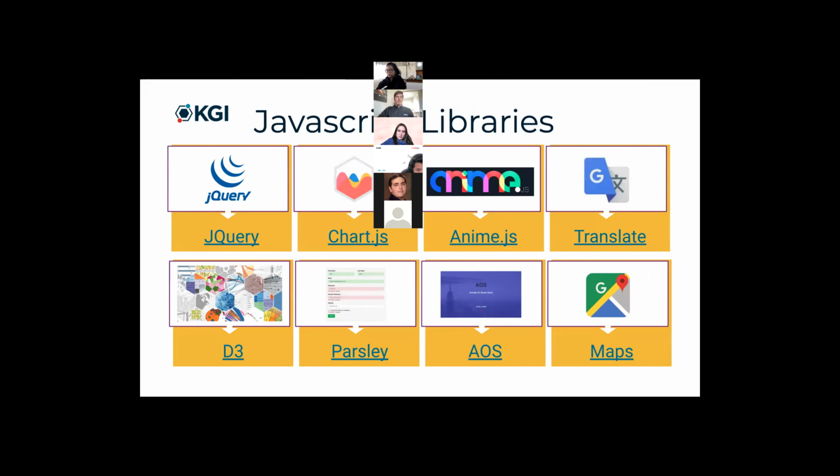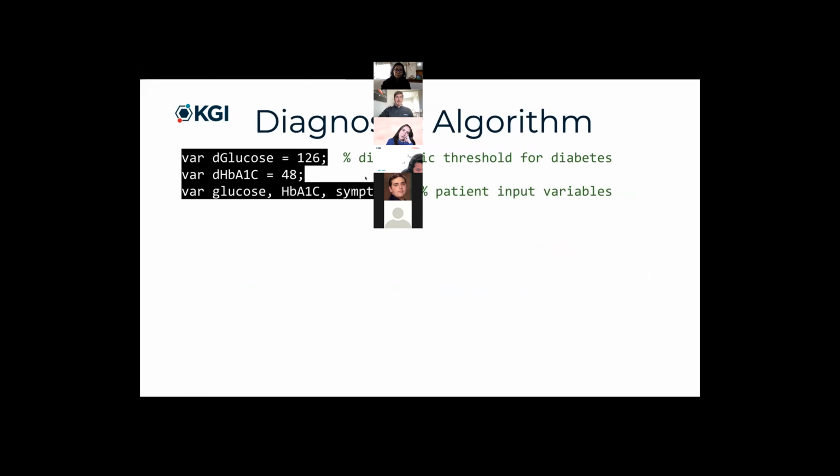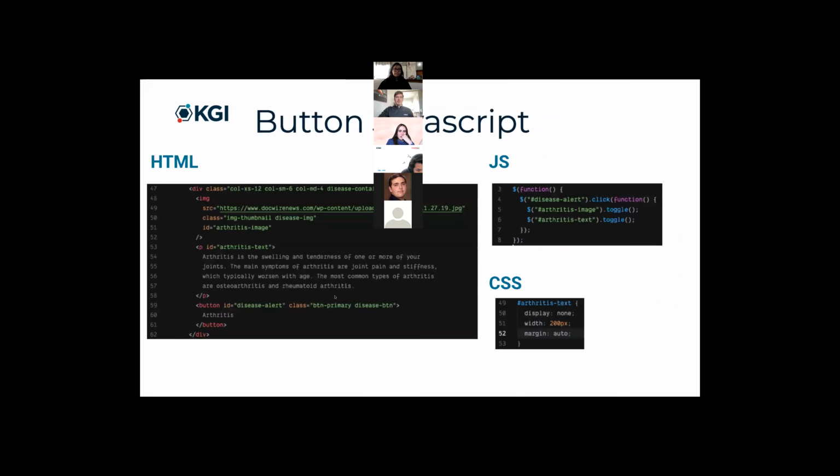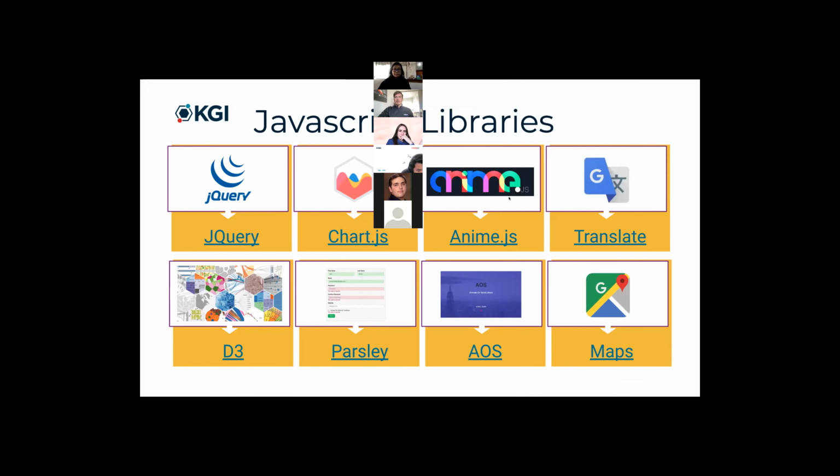So JavaScript libraries, this was something that I referred to a few slides back right here. These are all very cool ways to do fancy things with your page. So I could implement translation. I know that was something that I think Joanne mentioned for her page.